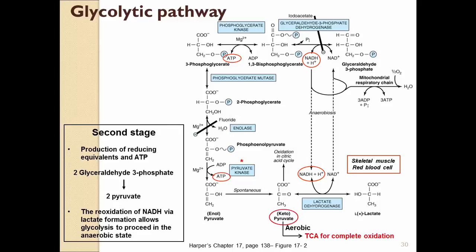Under the anaerobic conditions, pyruvate is converted to lactate, and the most important thing is that this reaction requires NADH, right? So the NADH produced at the first reactions during the second stage can be used for the conversion of pyruvate to lactate.